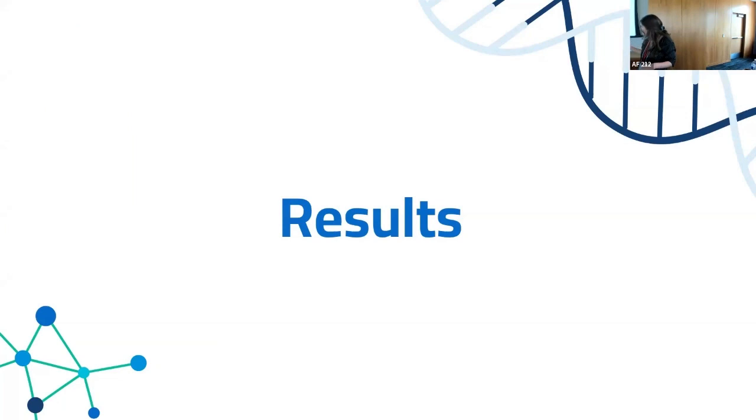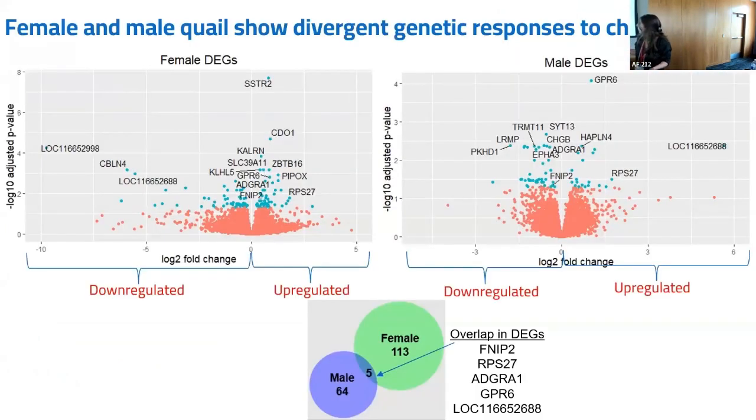And onto our results. So here we have the total number of differentially expressed genes in females on the left and males on the right. These are our volcano plots. And our DEGs are the genes in blue. So on our X, we have our log fold change, which just tells us how genes were changing their expression.